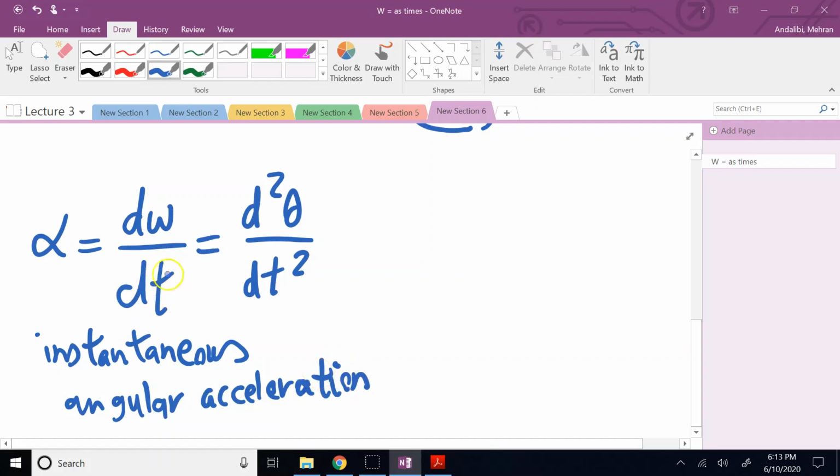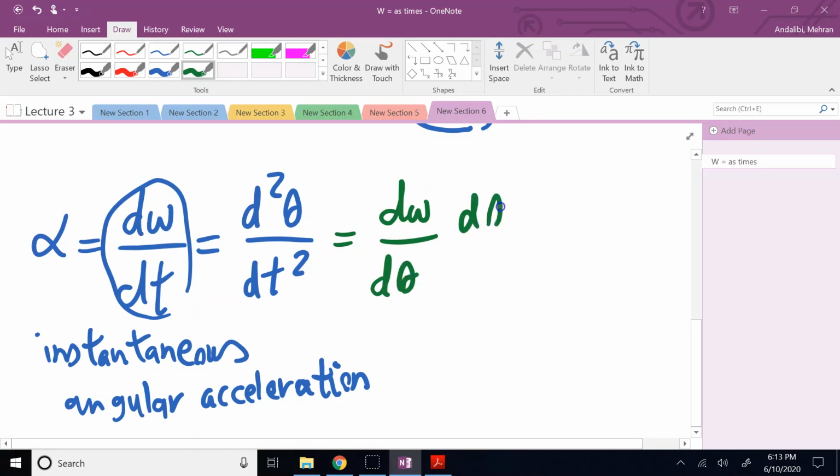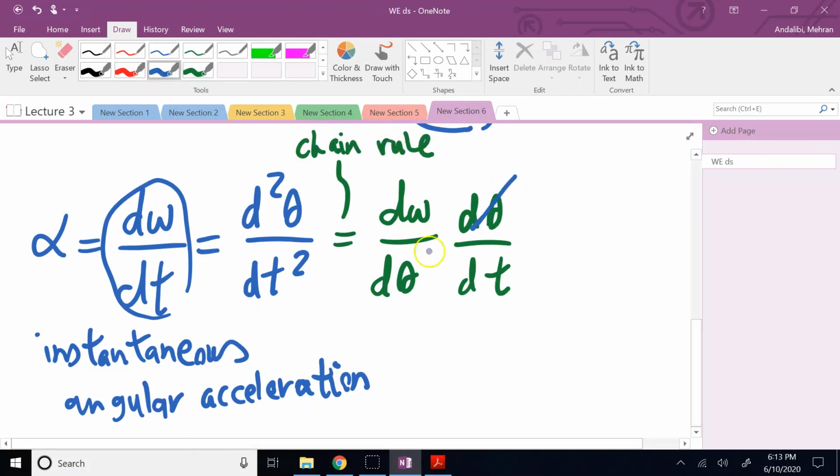And I can also write this d omega over dt by chain rule. I can write it d omega over d theta times d theta over dt. Again, I'm using the chain rule; these two d thetas cancel. The d omega over dt stays, but d theta over dt is omega.